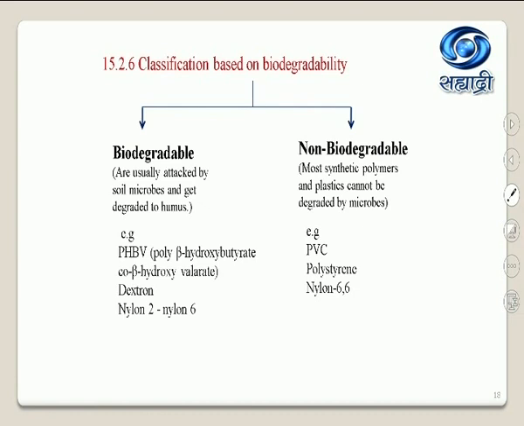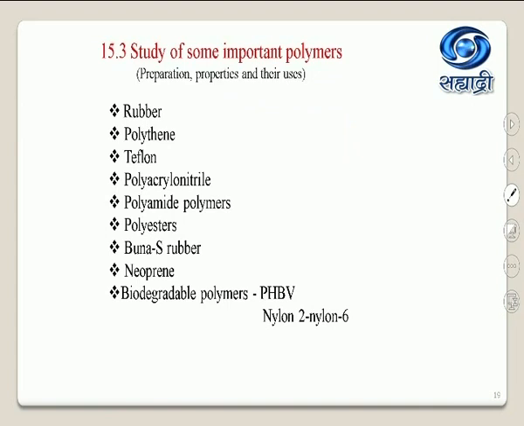So in this way, polymers are classified depending upon different factors. In board exams, they can give some examples and the question will be asked, classify the following examples of polymer into different categories. Now, after that, we will study some important polymers. In this category, we are going to study preparation, properties, and uses of some polymers.